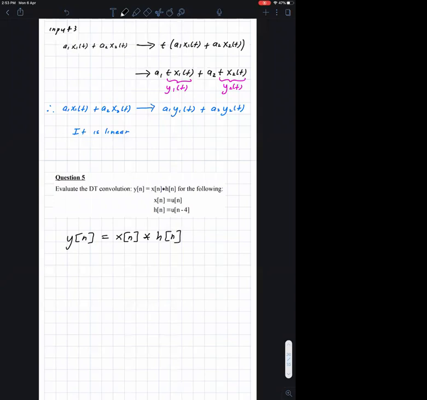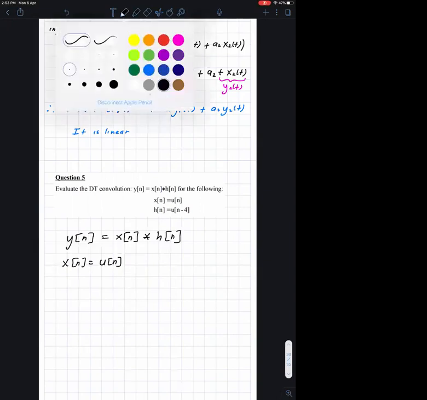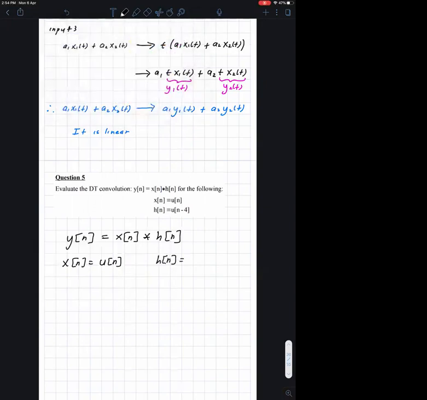Given x[n] is u[n], and the other signal h[n] is u[n minus 4].